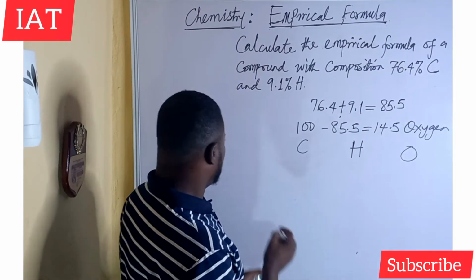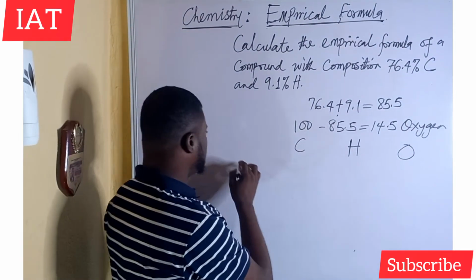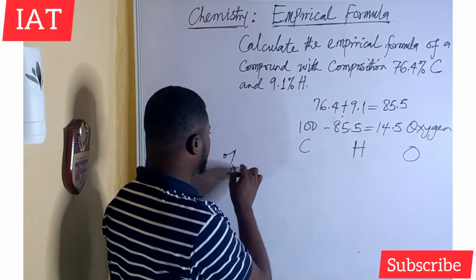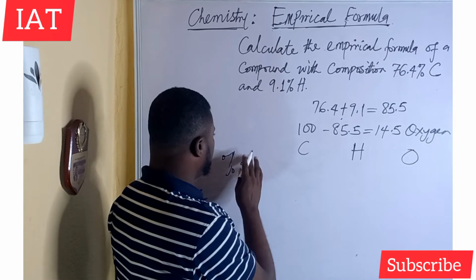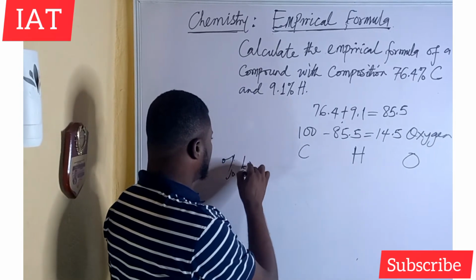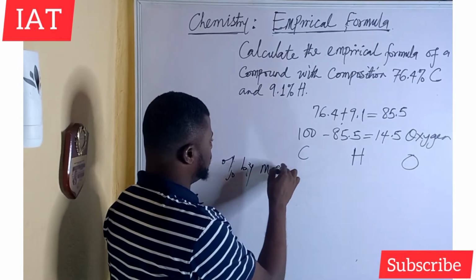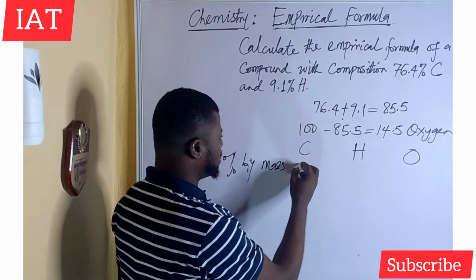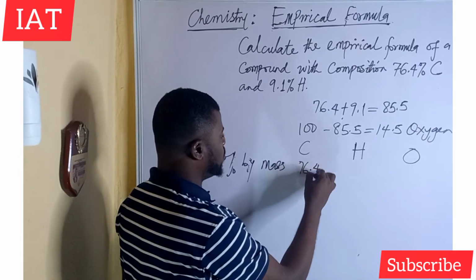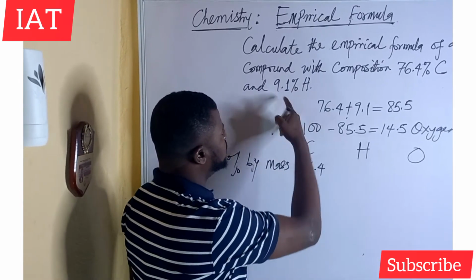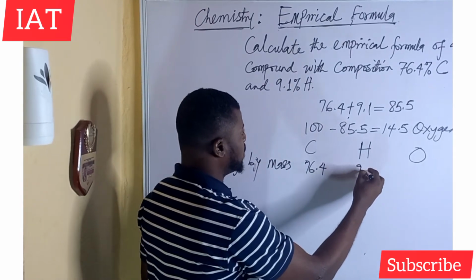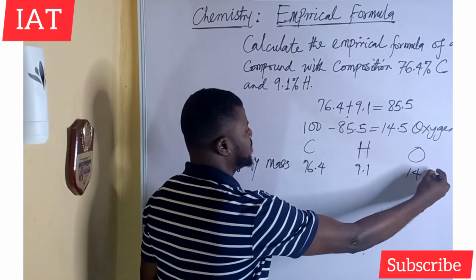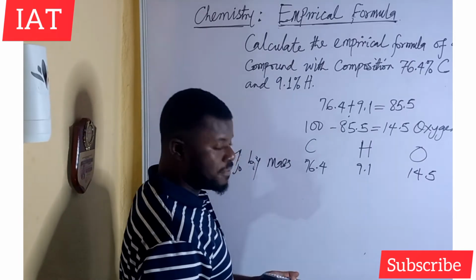So when we arrive at this point, we have to fit in the percentage by mass. The percentage by mass of carbon is given there as 76.4, and the percentage for hydrogen is 9.1, and that of oxygen is 14.5. So that is the first step.